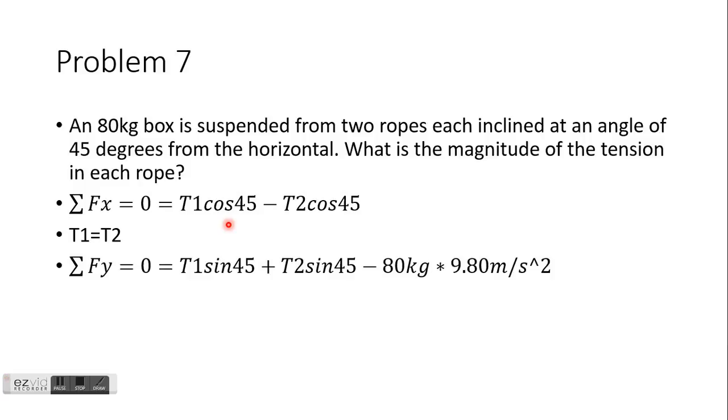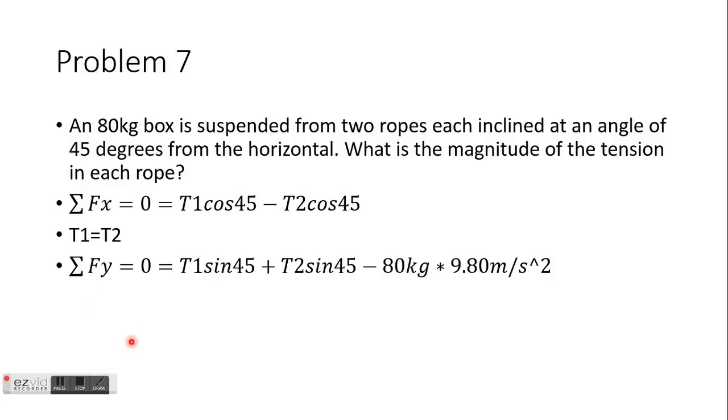So now we look at our forces in the y direction. We say that the sum of the forces in the y direction is equal to T1 sine of 45 degrees plus T2 sine of 45 degrees minus 80 kilograms times 9.80 meters per second squared, because that's the force of gravity acting upon the box.